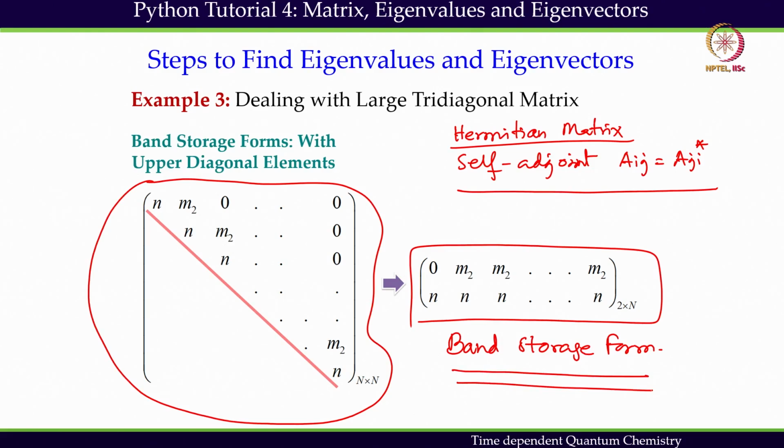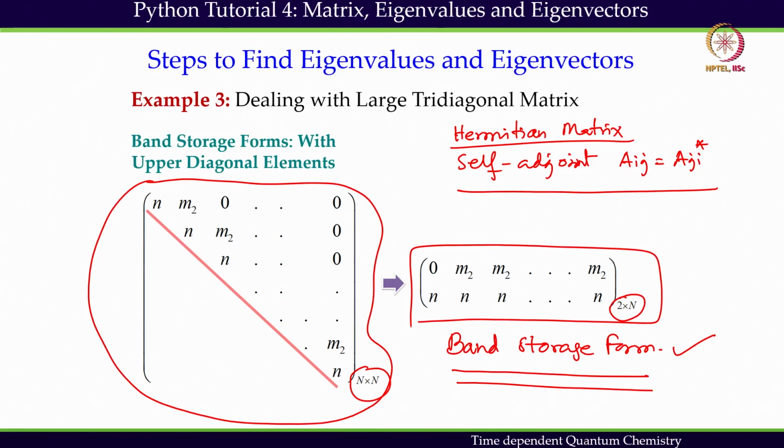The actual matrix was n by n, let us say 3000 by 3000, a big matrix, that can be stored as 2 by n, which is 2 by 3000. So, the memory which will be used to store the matrix can be reduced significantly if we use this band storage form of the tridiagonal matrix.